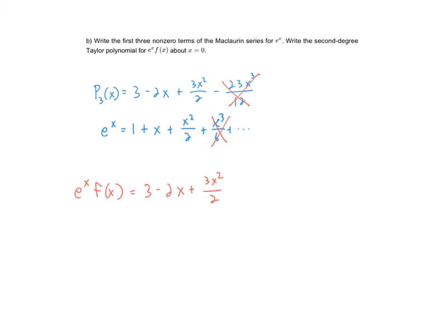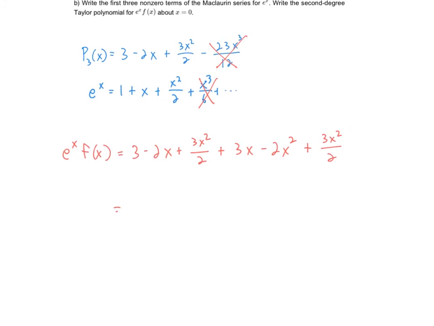And then we don't need to do this one times x, but we'll do these 2 times x. And then we don't need to do these 2 times this, but we'll do 3 times x squared over 2. Like that. And this is it.